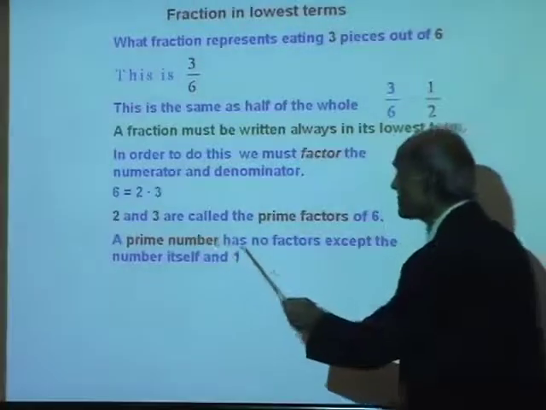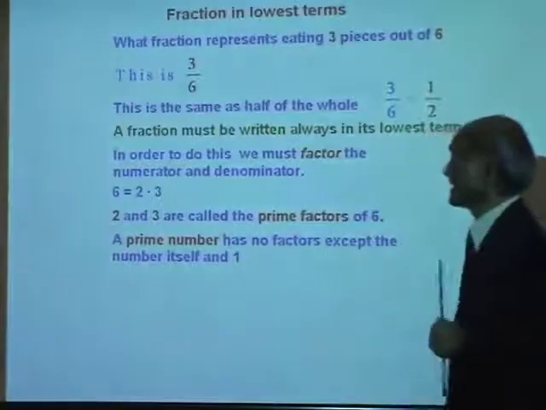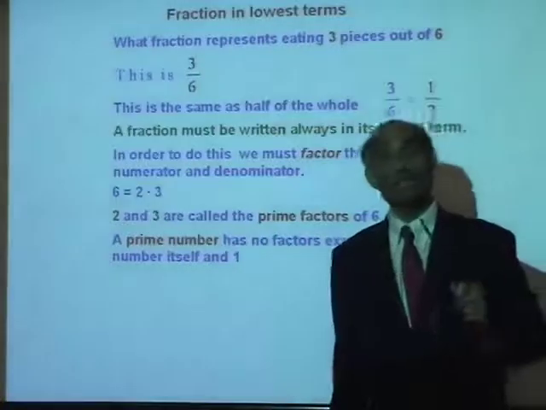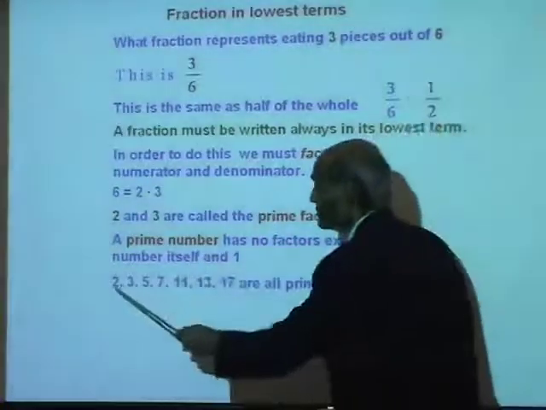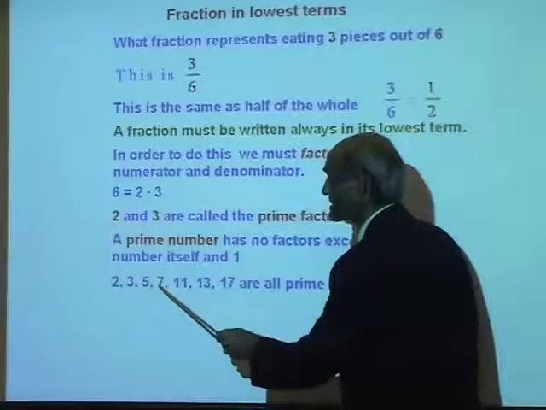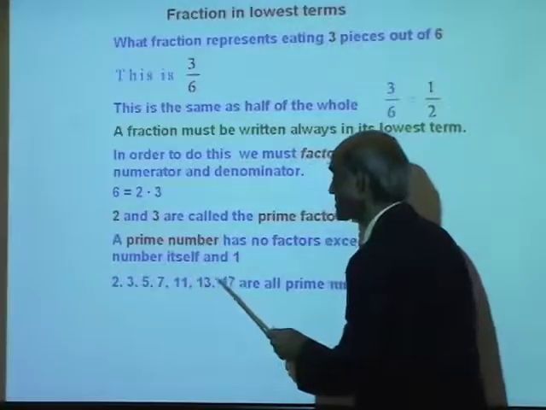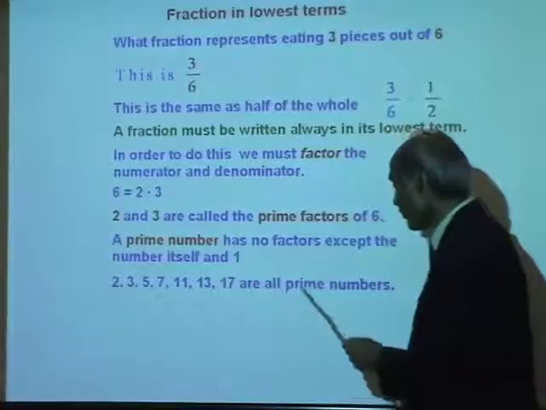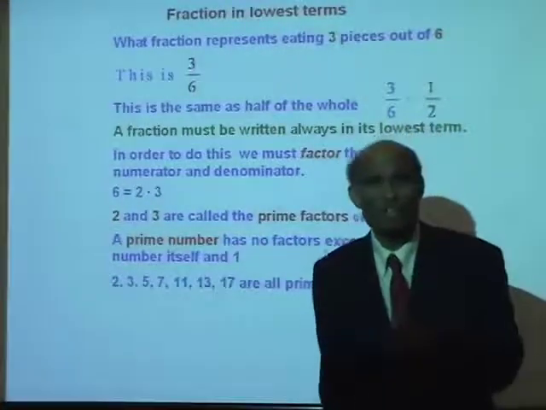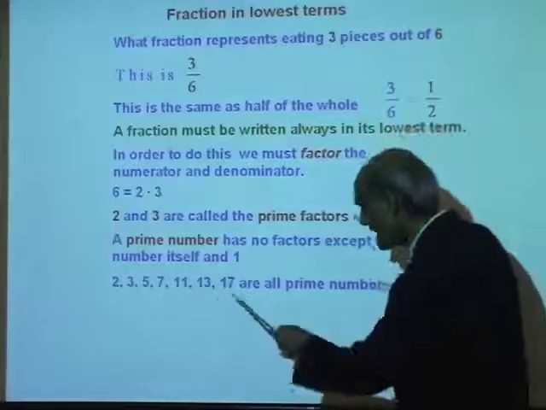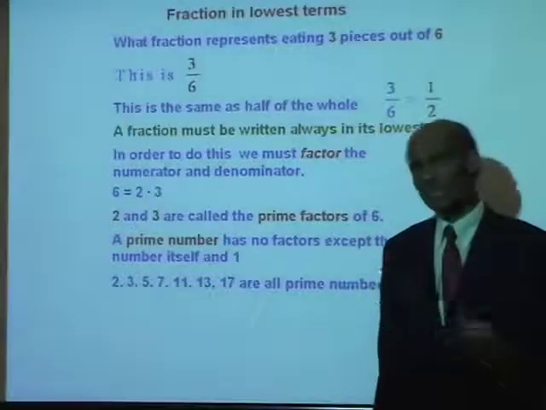A prime number has no factors except the number itself and 1. Well, look at this. 2, 3, 5, 7, 11, 13, 17 are all prime numbers. Can you tell me what is the next prime number in that series? What is the next prime number?